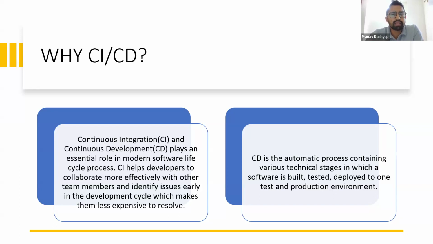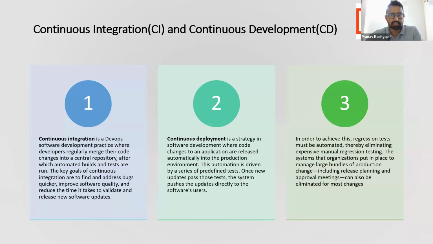So this was just a basic definition of what is CI/CD. Let me talk about CI and CD a little deeper. CI is a DevOps software development practice where developers regularly merge their code changes into a central repository, after which automated builds and tests are run.